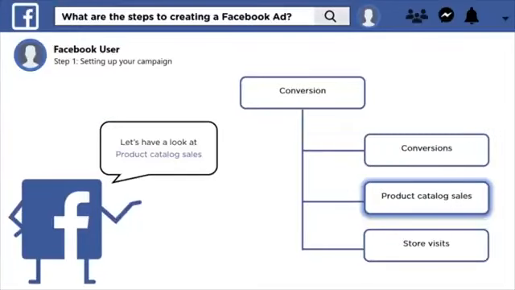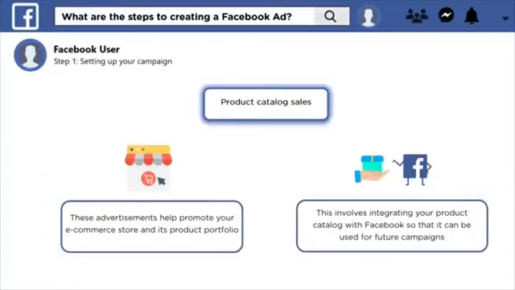So you have conversions and you have product catalog sales. Product catalog sales could be ads to help promote your e-commerce store or other products in your store portfolio. Think of Amazon, think about all the products they have on their website.